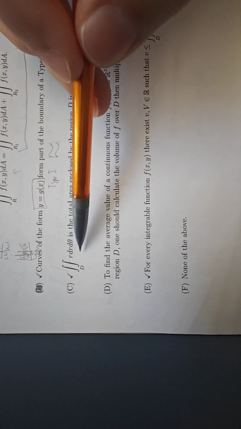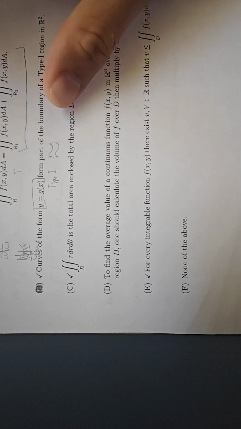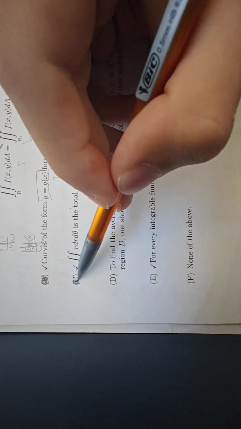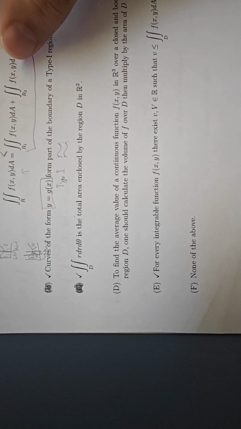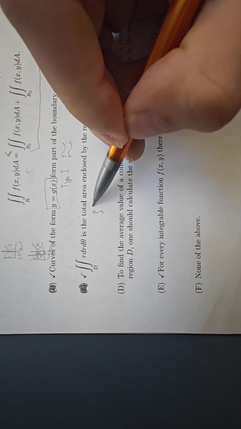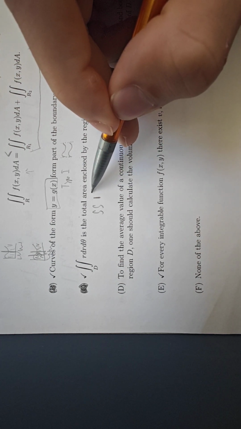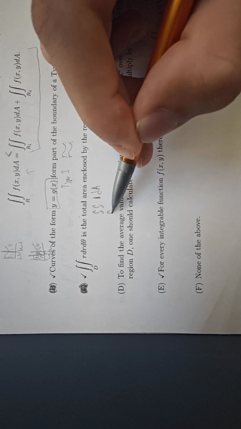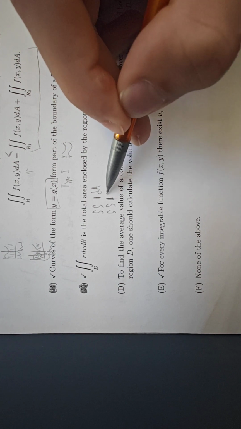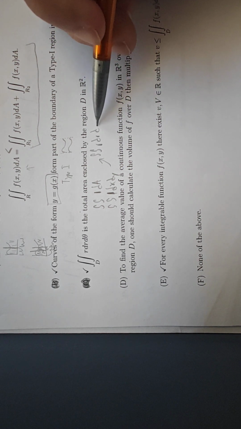Thirdly, r dr d theta is the total area enclosed by the region D in R2. This one also is true, and it goes back to a matter of definitions. When you're trying to find the total area enclosed by a region, you're going to have to do the double integral of 1 dA, or the double integral of 1 dx dy, but converting it into polar, we'd be getting the double integral of r dr d theta.